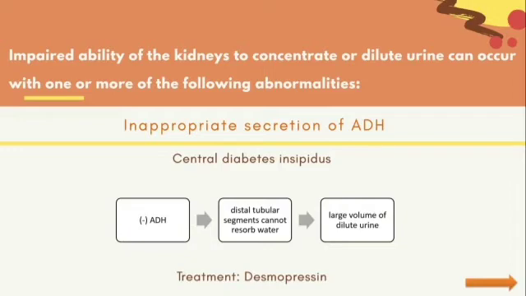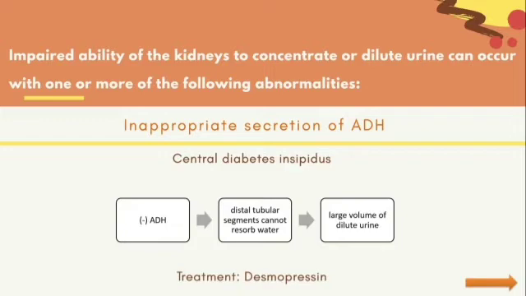Central diabetes insipidus is a condition in which the distal tubular segments cannot resorb water due to the absence of ADH. This results in the formation of a large volume of dilute urine, which is the primary abnormality clinically observed in patients. Excessive water loss activates the thirst mechanism, and drinking enough water would prevent large decreases in body fluid water.